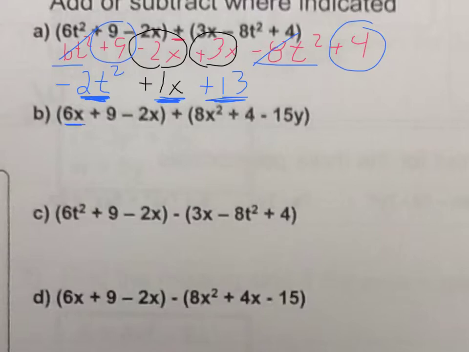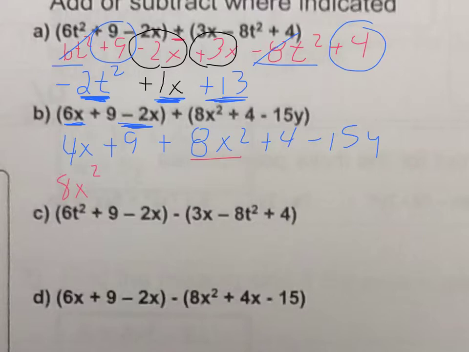6x minus 2x you should do first to get 4x plus 9 plus 8x squared plus 4 minus 15y. Combining terms that are the same, there's only x squares, that's the only one, so we're going to have plus 8x squared. X comes before y in the alphabet, so you're going to have to deal with that next.